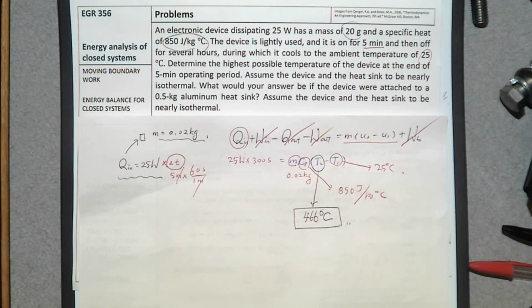Of course, you can innovate that electronic device so that it will dissipate less heat, but it's going to take a lot of time. So thermodynamically, what we can do is add a heat sink. What is a heat sink?